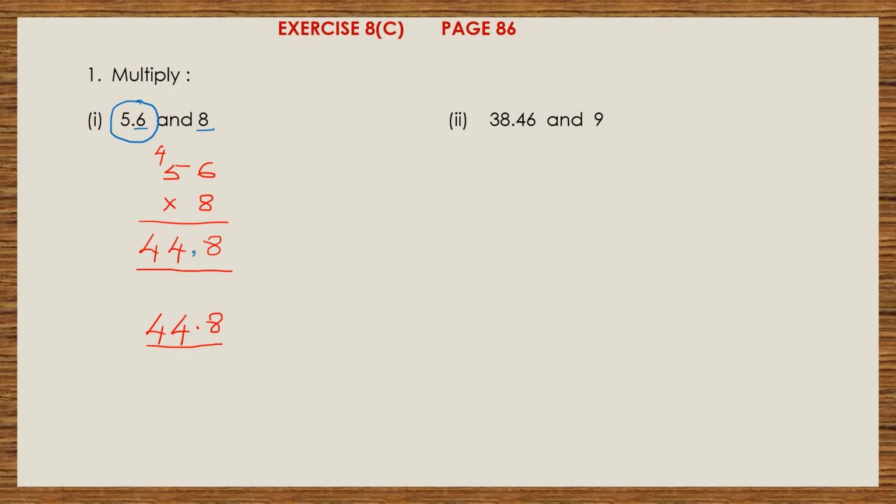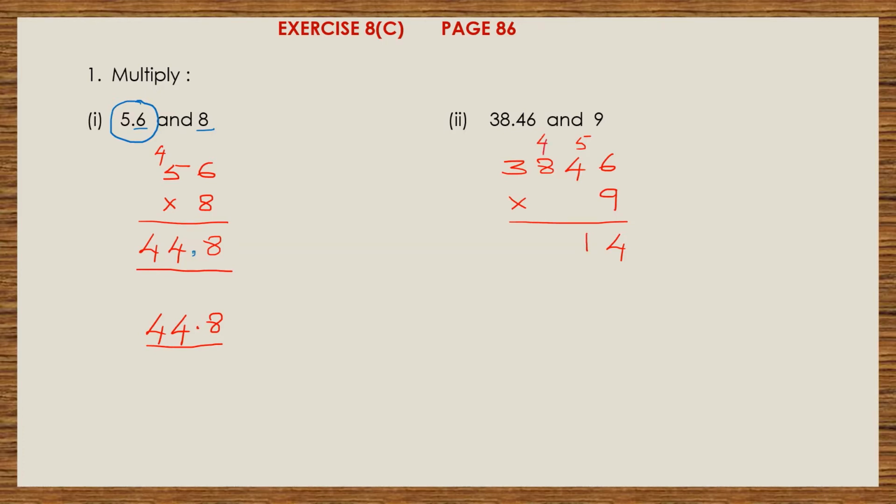38.46, I'm going to ignore the decimal point. So it becomes 3,846 and I'm going to multiply this by 9. 9 sixes are 54. I carry 5. 9 fours are 36 plus 5, 41.